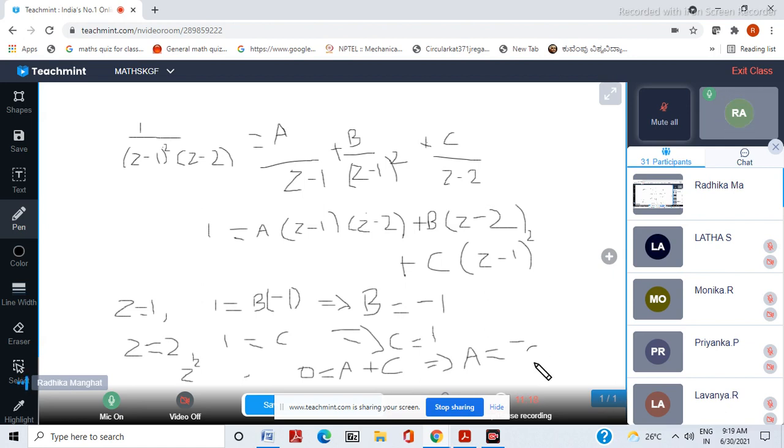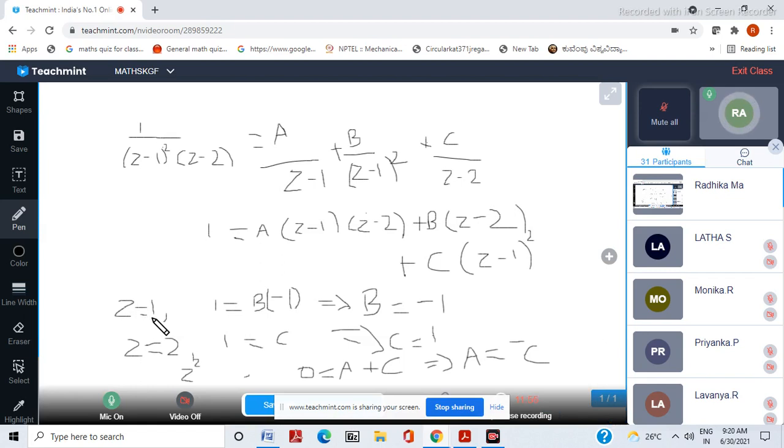I will explain what we have to write. 1 by Z minus 1 all square into Z minus 2 equals A by Z minus 1 plus B by Z minus 1 all square plus C by Z minus 2. Then we can write 1 equal to A into Z minus 1 into Z minus 2 plus B into Z minus 2 plus C into Z minus 1 all square.